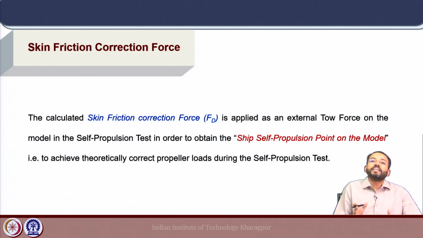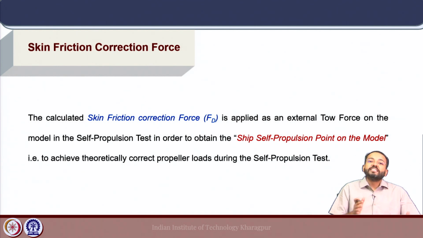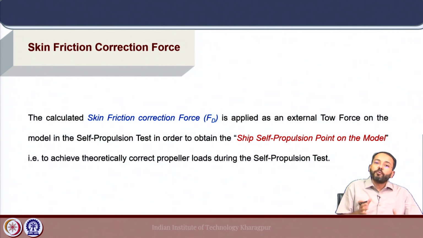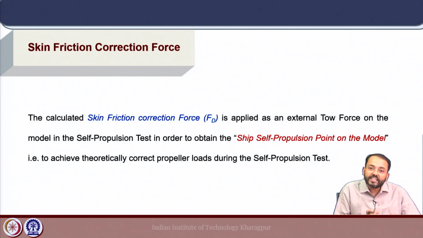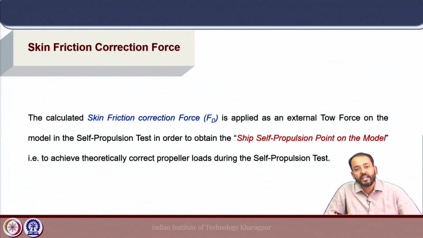So, this skin friction correction force FD is applied as an external tow force on the model in the self propulsion test. Why? It is done to obtain the ship self propulsion point on the model. So, we are doing a model test in the model scale, but we would want to get the propeller loading corresponding to the ship self propulsion point, because it is the point at which the propeller coefficient should be calculated and the ship powering should be done.